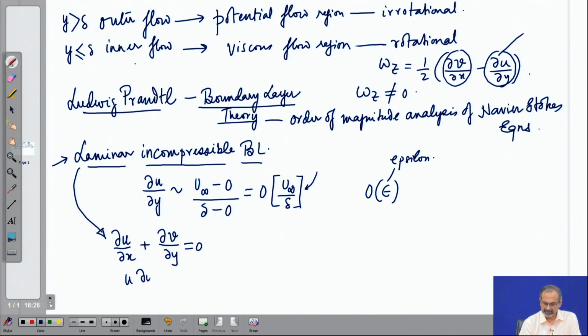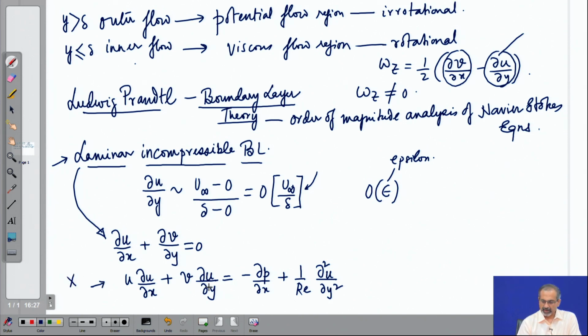Later on, it has been extended to compressible situations and also by accounting for turbulent effects. Notice that here we have dropped the unsteady term in the x momentum equation, and then we have dropped the second derivative of u with respect to x in the viscous terms, that is as far as the x momentum is concerned.